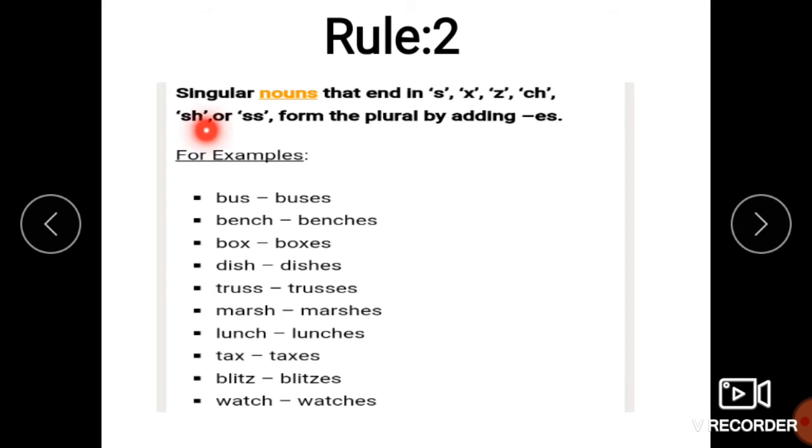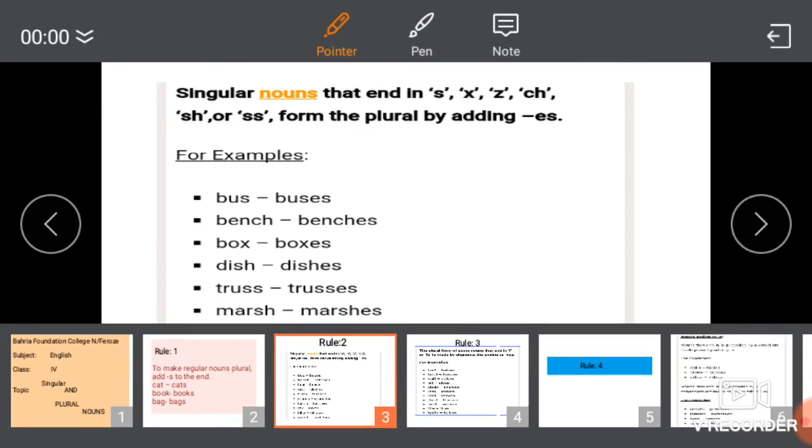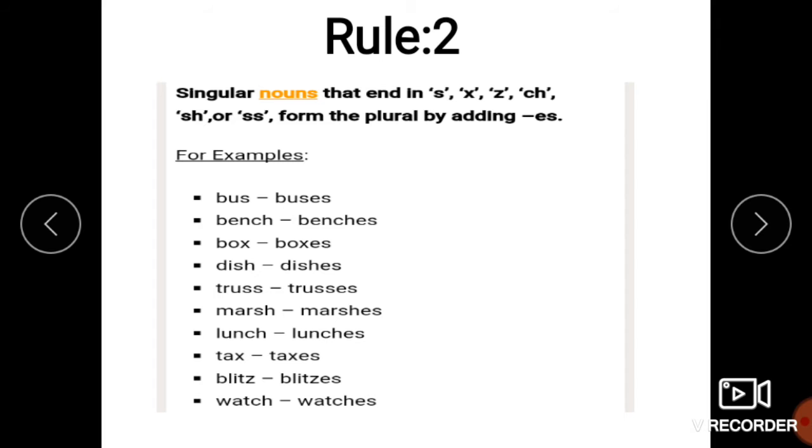For example, bus, buses, bench, benches, box, boxes, dish, dishes, truss, trusses, marsh, marshes, lunch, lunches, tax, taxes, blitz, blitzes, watch, watches.